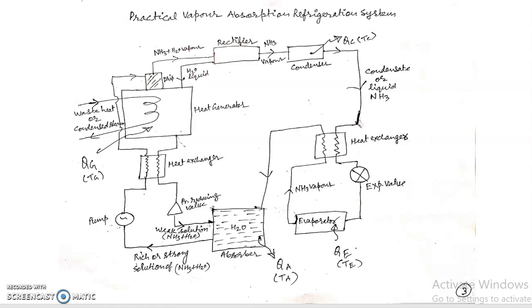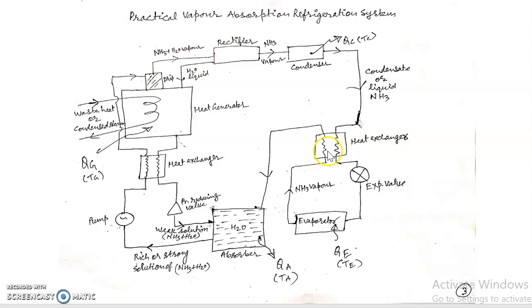This diagram shows the practical vapor absorption refrigeration system. In a practical absorption refrigeration system, some more elements are used for better performance, and these elements are drip, rectifier, and two heat exchangers.